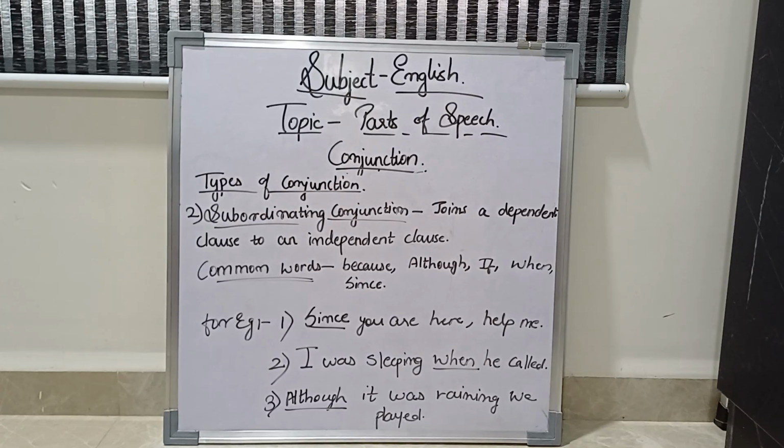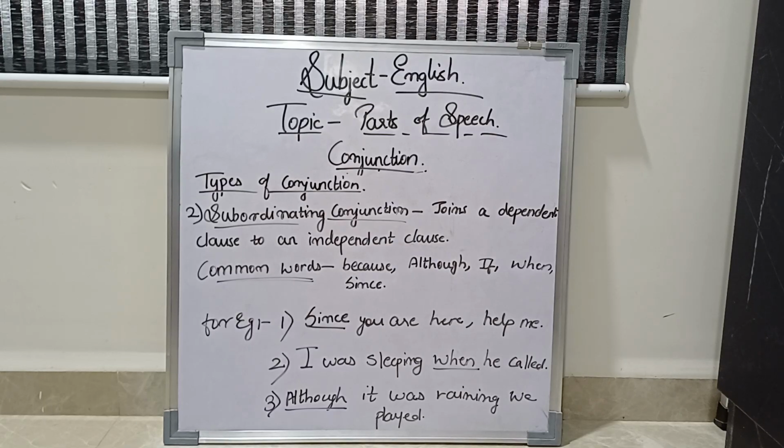Subordinating conjunction is to join a dependent clause to an independent clause. So what are clauses? Clauses is a different chapter in grammar which we will learn in further lectures.